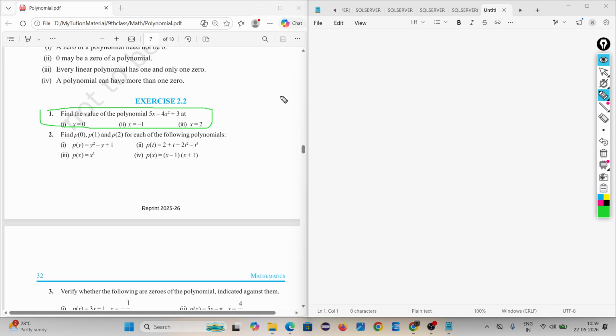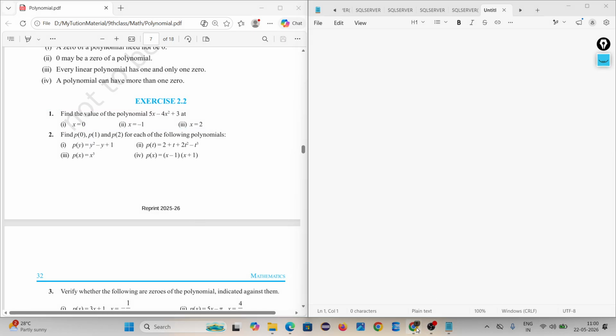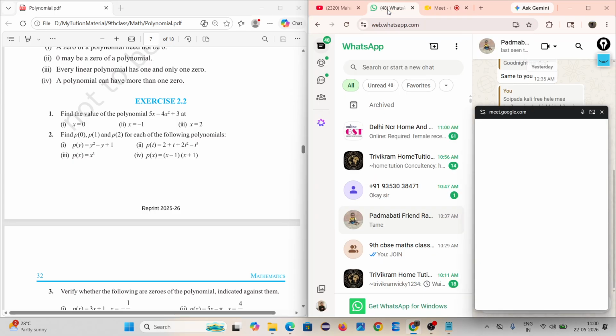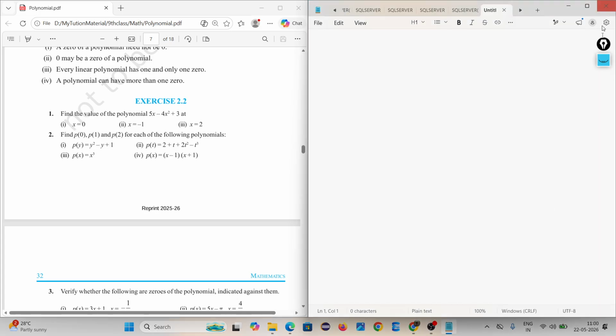The question is 5x minus 4x square plus 3. You have to find the value of that polynomial at x equal to 0, at x equal to minus 1, and at x equal to 2. How to find? First take x equal to 0, put 0 in place of x and find the value.